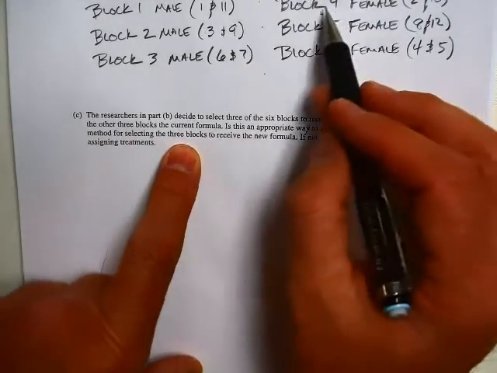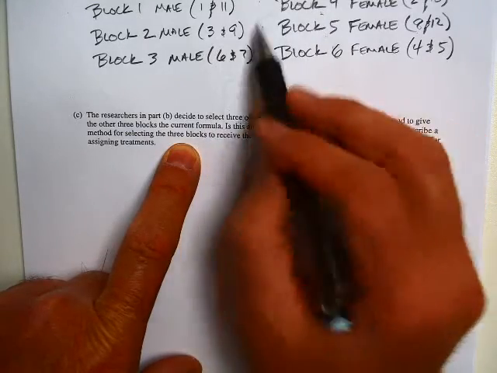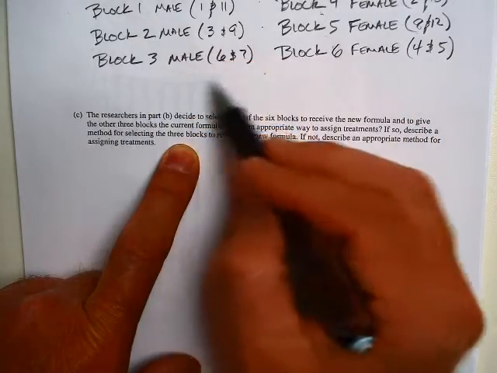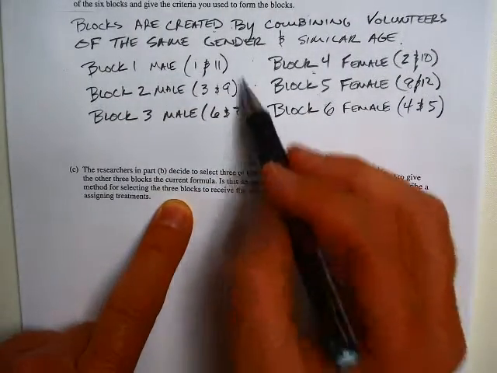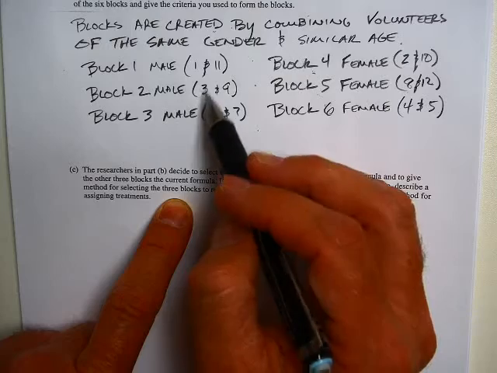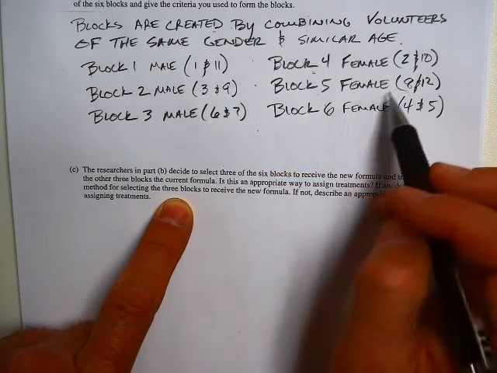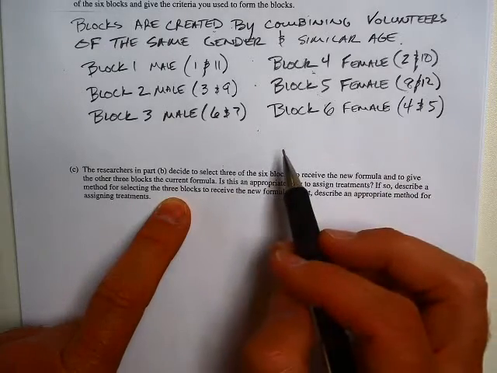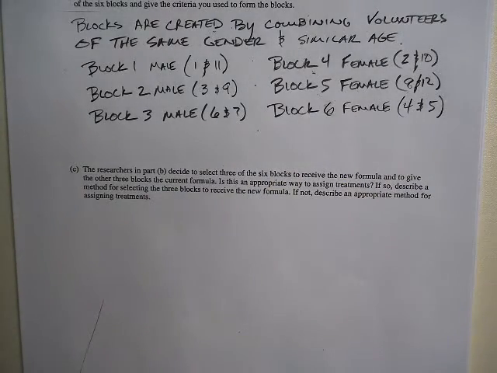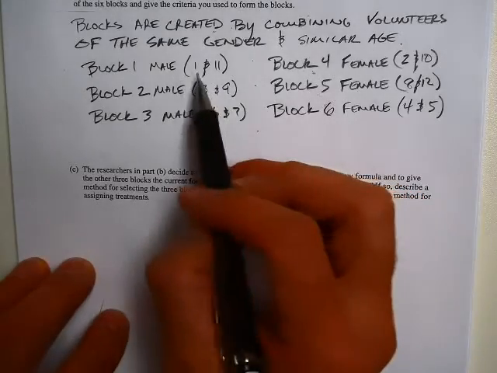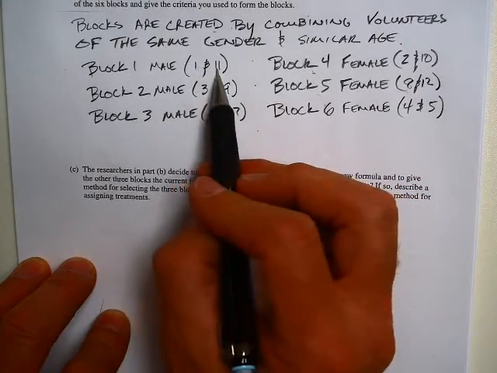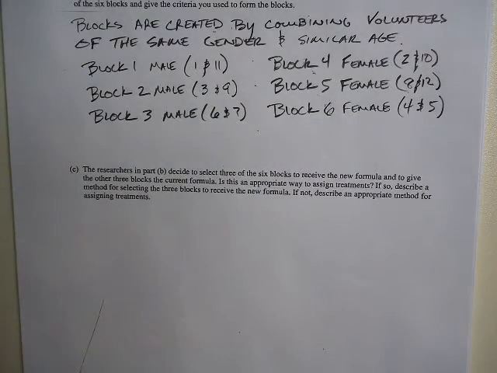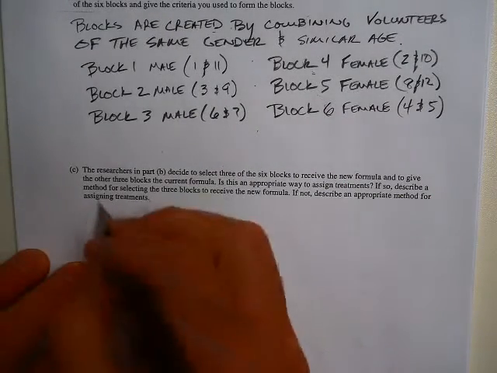So if they just simply pick the blocks, it's entirely possible that one group of 3 blocks that gets the new product could be all male of differing ages, and then the old product all female of differing ages. So what we really want to do is a matched pairs design for each of these blocks, where one person in each block gets the old treatment and one person gets the new treatment.